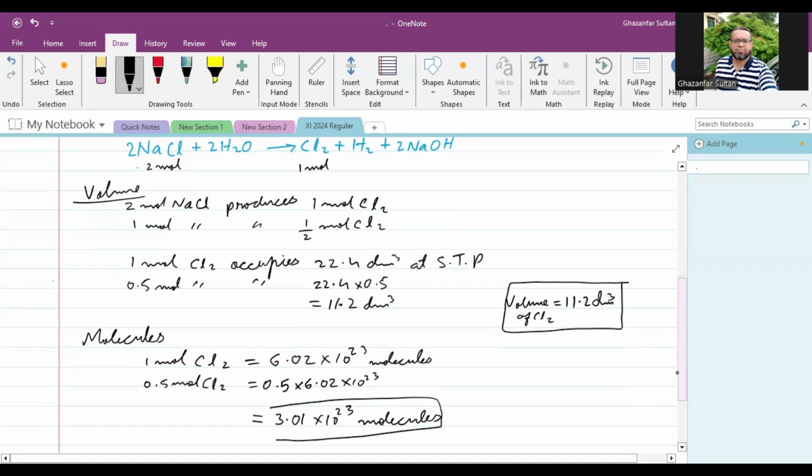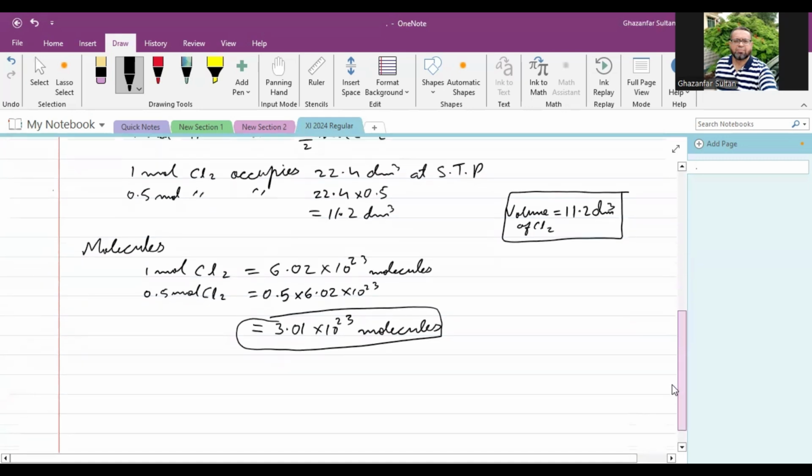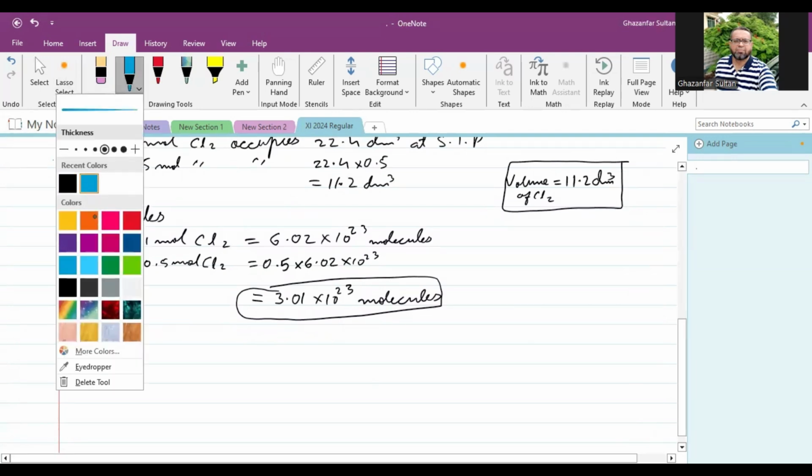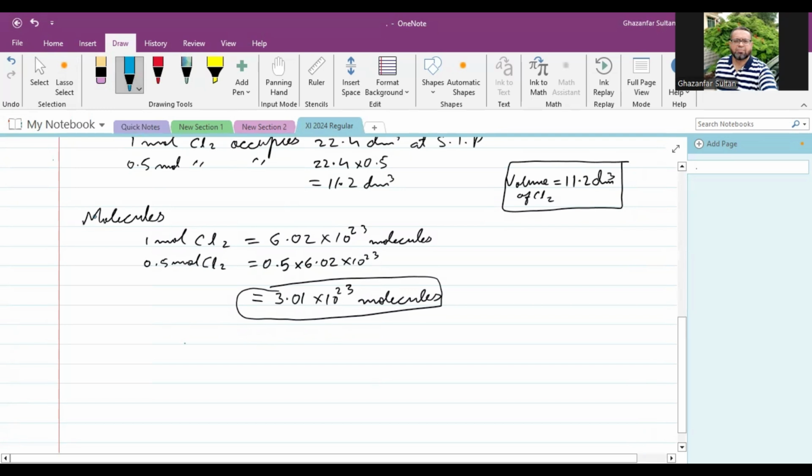For the second component of this question, if you want and you have enough space, then you can write these answers as a result, or otherwise you can leave it as it is.